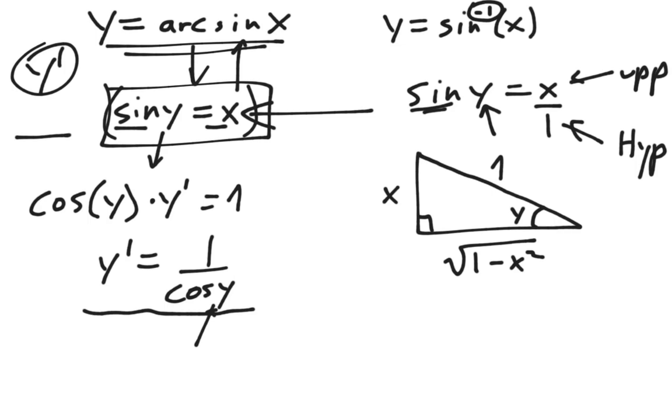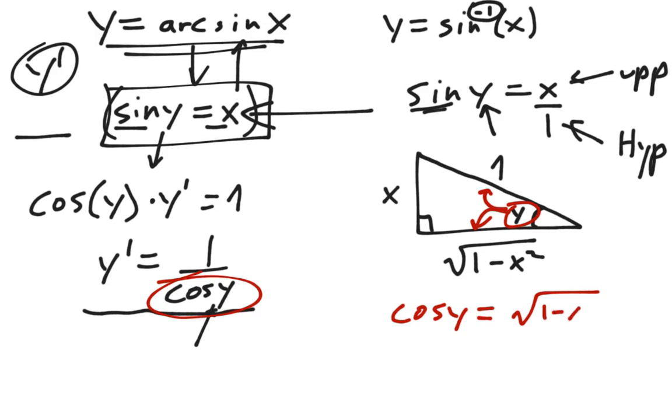Big picture: I had to find this cosine of y. Well, I have y, and I have a right triangle with an adjacent side and a hypotenuse, so I can find cosine of y. Cosine of y equals the square root of 1 minus x squared over 1, which is just the square root of 1 minus x squared.